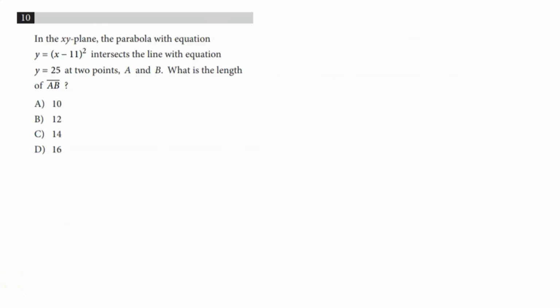Question number 10 reads, in the xy plane, the parabola with equation y equals (x minus 11) squared intersects the line with equation y equals 25 at 2 points, point A and point B. And we're asked, what is the length of the line segment AB? So we have these two equalities here.